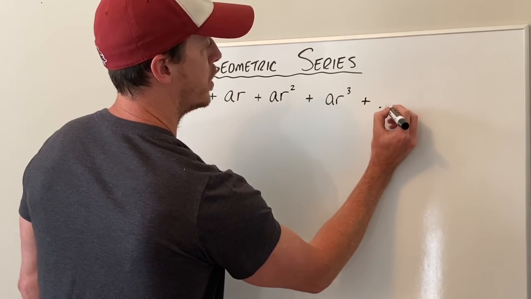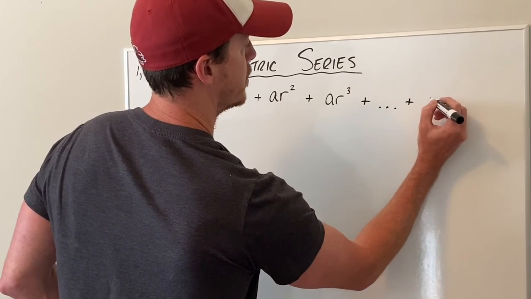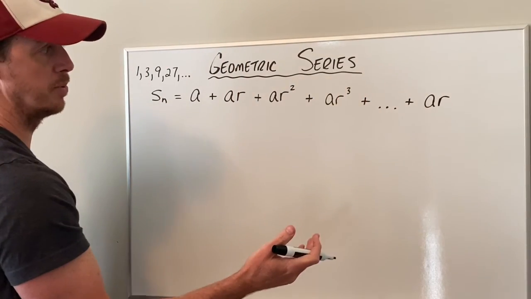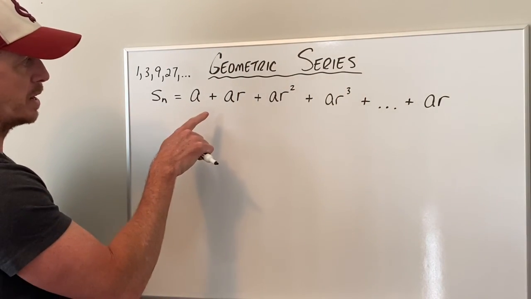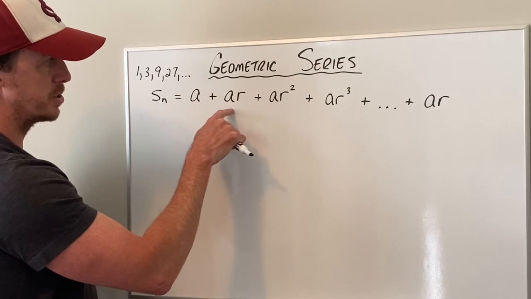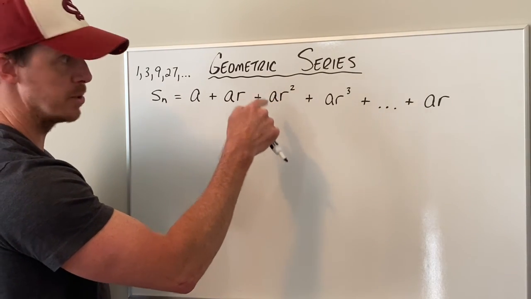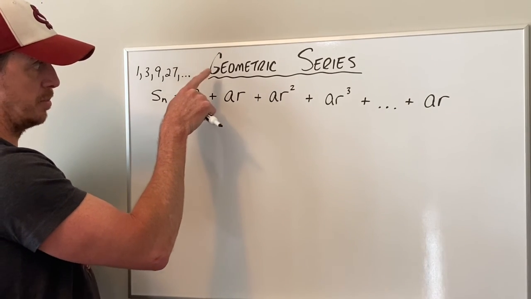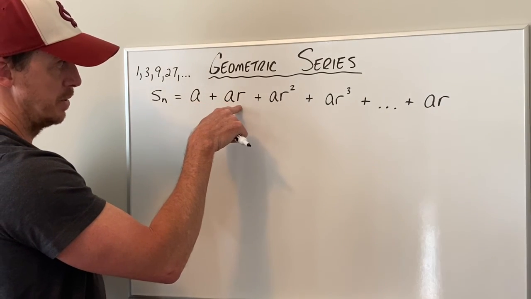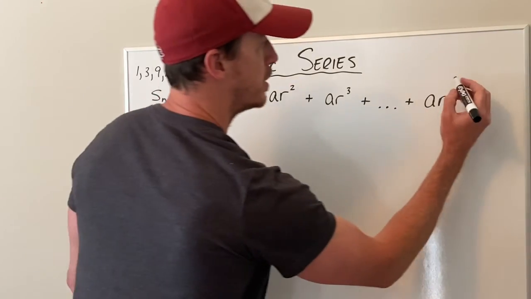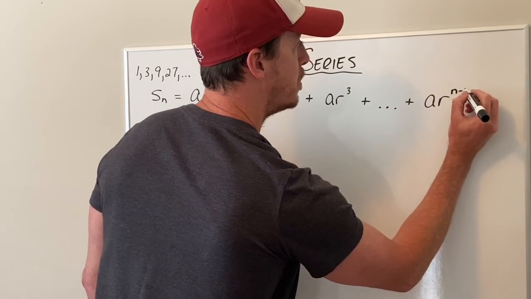And it would just keep going like that until eventually you would have a general form for a term. And notice how whatever term number you're on, the exponent on the R is 1 less than that. So the first term had an exponent of 0. The second term, the R had an exponent of 1, and so on. So that would mean that this is n minus 1.